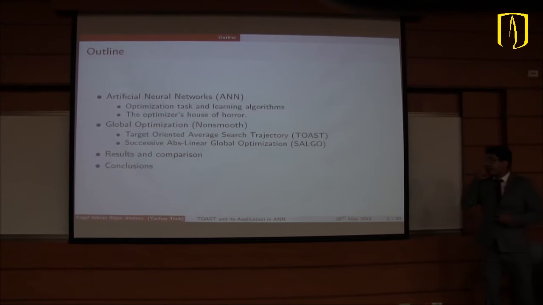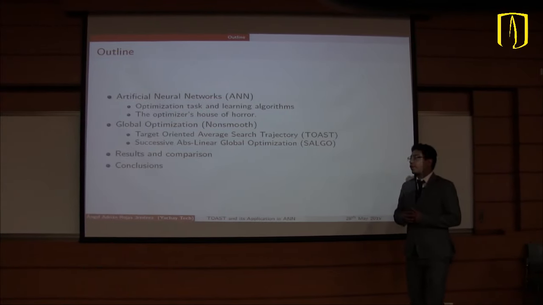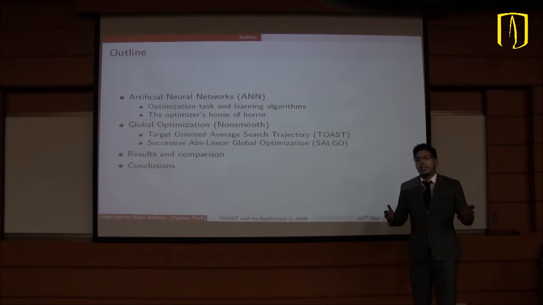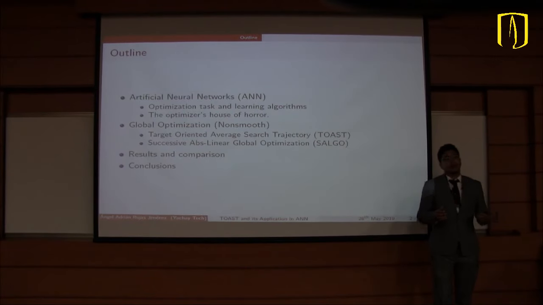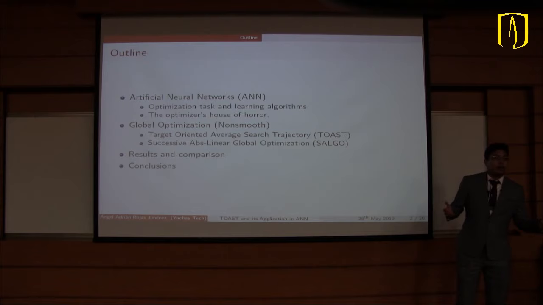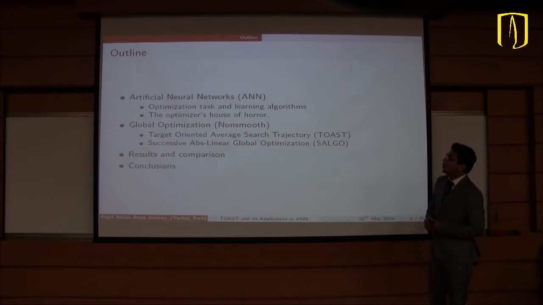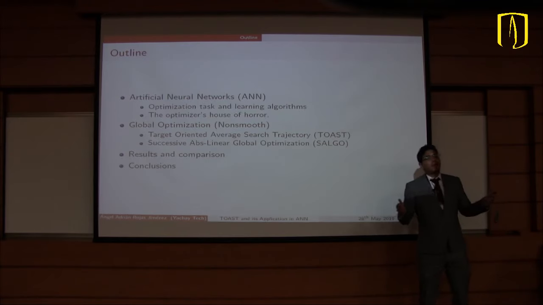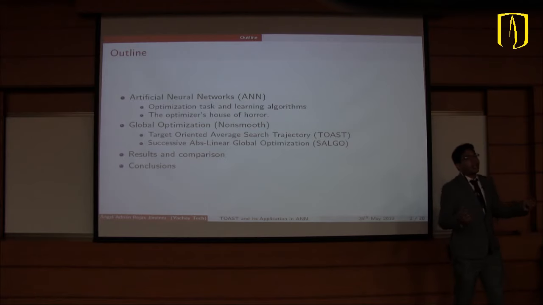So, I'm going to present the usual model of artificial neural networks, the optimization task and learning algorithms related to the problem of minimization of this model, and the optimizer's house of horrors that came from the model that we want to minimize.